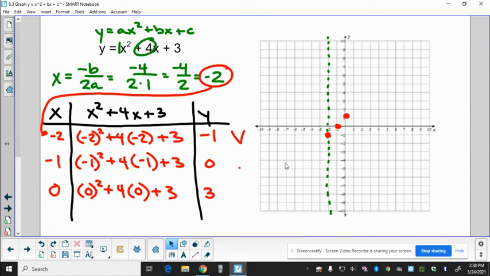Just go up 3. Now it's time to go ahead and use the line of symmetry to our advantage. Let's move some points. Reflect that point there. Reflect that point over there. Draw your parabola in as a nice smooth curve looking like the letter U. And that problem is done.